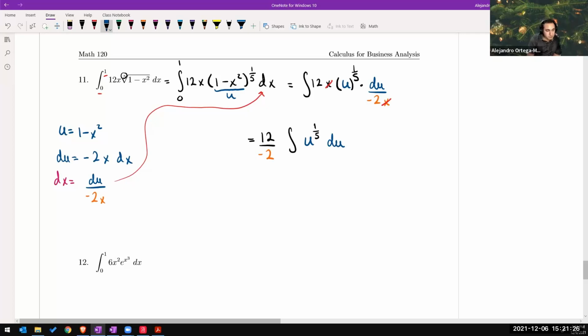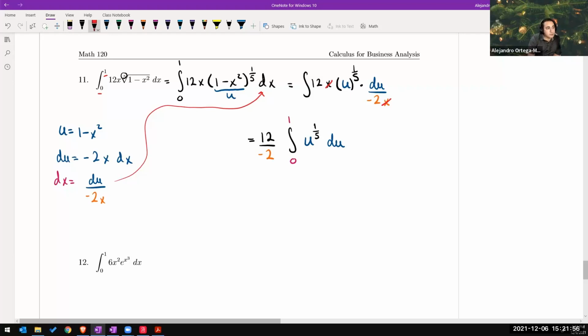So could we say that x is going from 0 to 1 in this integral? Well, do we have any x's in our integral? Not really. So how can we know? If x is changing, that's fine, but I don't care about the x's because right now I'm caring about the u's.